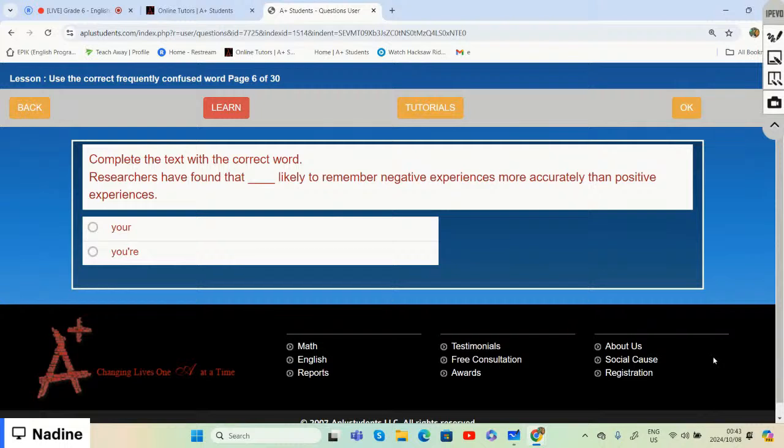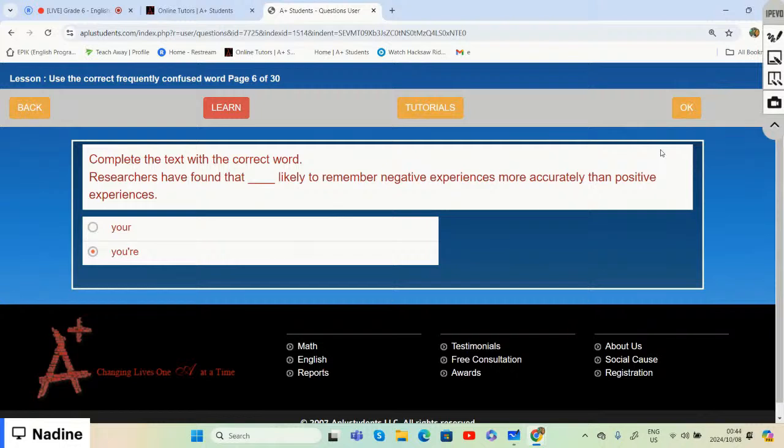If we were to choose the correct option, then yes, we will say you're. It's almost like if we were to break down that word, it is a contraction for you are.